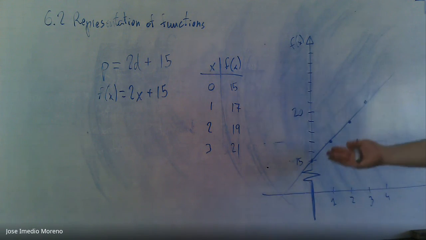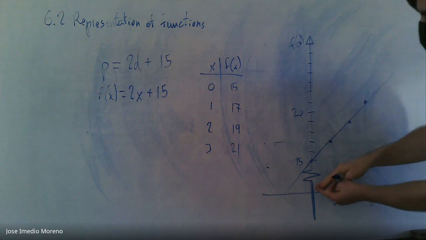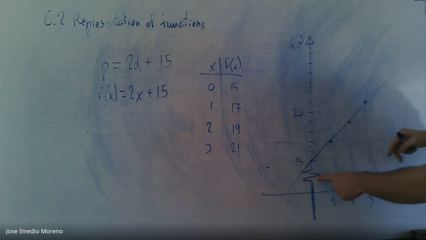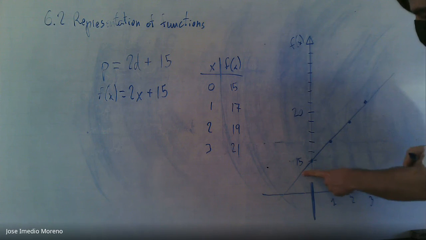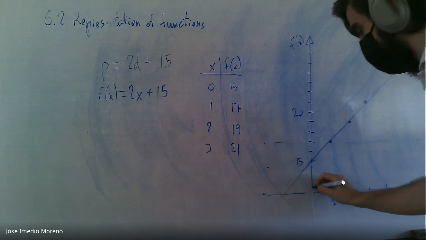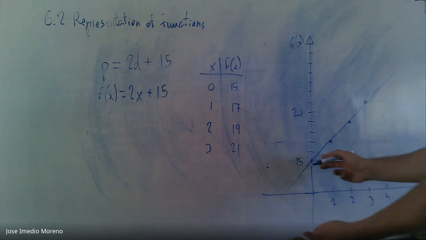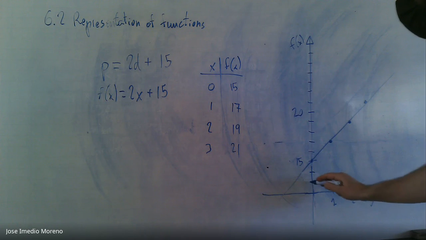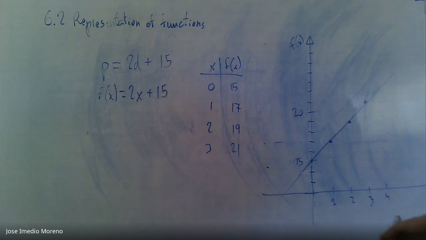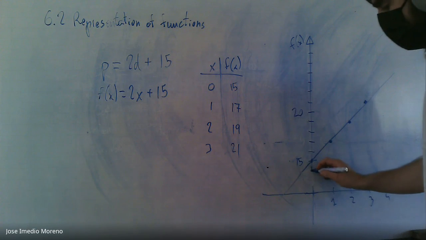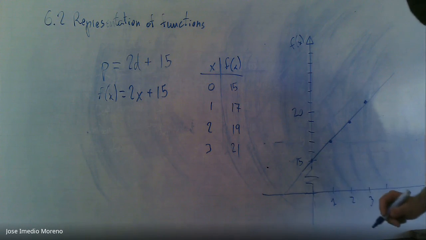But if I want to break the scale at some point of the axis, I need to make a symbol like this. If I don't draw this symbol, and I simply start by 15, this is not right because if I keep going down, this is 14, 13, 12. This is not 12, this is 0. So I need to make the axis break.